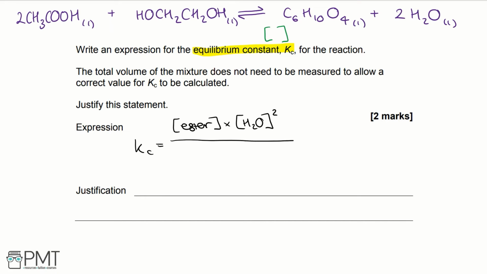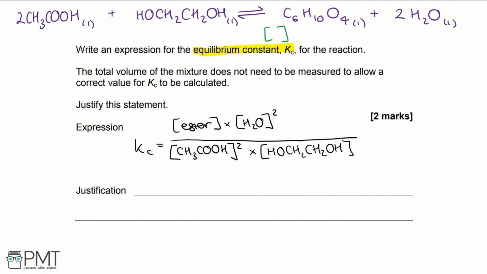Then we're going to divide by ethanoic acid, so that's going to be square brackets CH3COOH. We're also going to square this as it's got a 2 in its molar ratio. And then we're going to multiply by ethane 1,2-diol, so HOCH2CH2OH, all in square brackets and as a large fraction. So this is the expression for Kc.